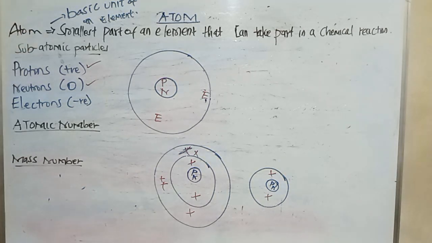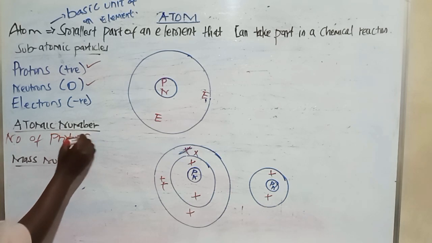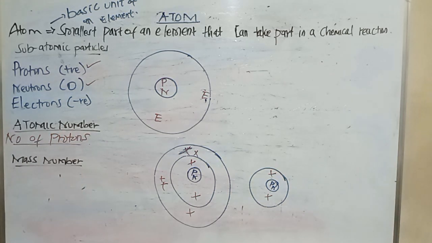When you talk about an atom, you also talk about atomic number. Now, what is atomic number? We say atomic number is the number of protons in an atom. So, atomic number is the number of what? The number of protons in an atom. Atomic number is important because it also helps us to identify the position of your atom in the periodic table.